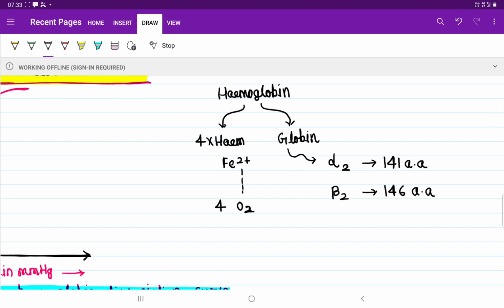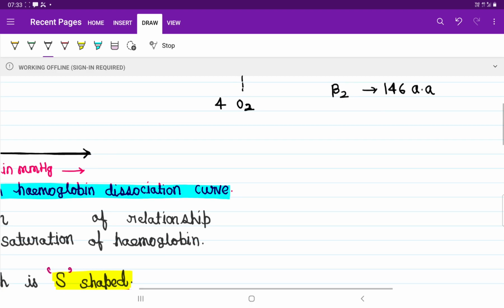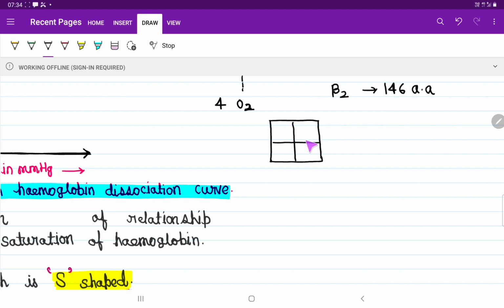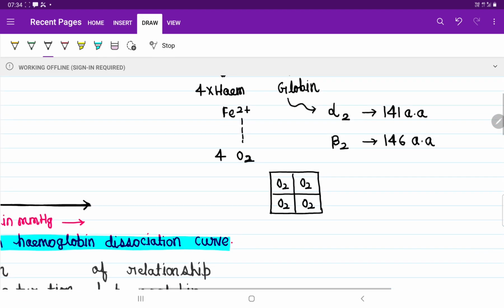Now when this adult hemoglobin binds with oxygen, it has 4 places for binding. I am making an imaginary diagram of binding sites here. First oxygen will bind here, then here, then here, then here. A total of 4 oxygen are bound with the hemoglobin molecule.